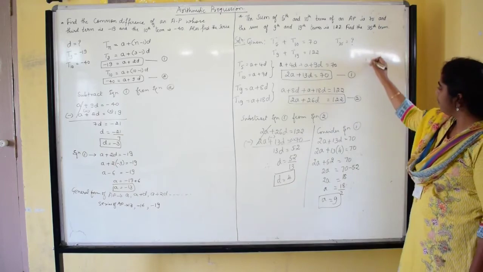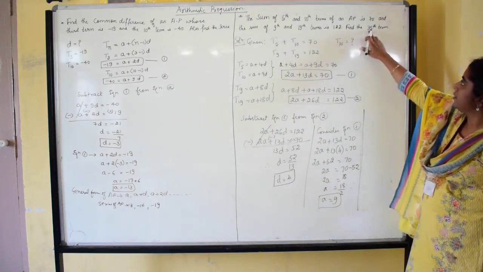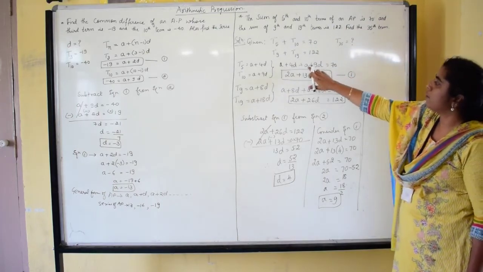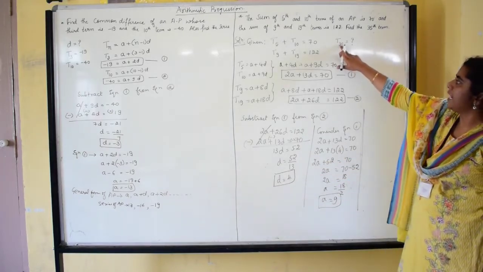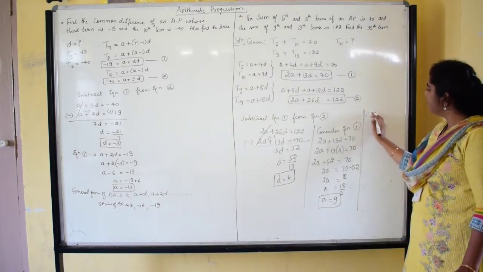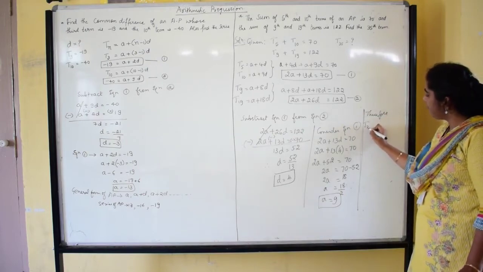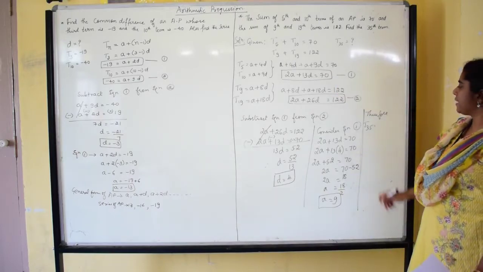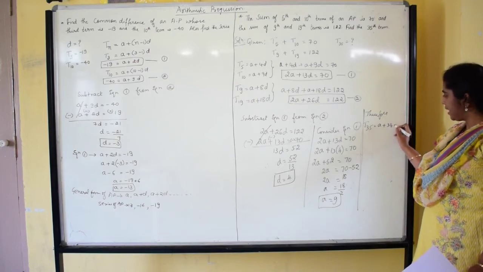So finally, what have they asked in the problem? We have to find the 35th term. Now we got the values. We know the common difference is 4, the first term is 9, and n is equal to 35. So finally, T35 is equal to, as per the formula, the nth term Tn is equal to a plus (n minus 1)d, which becomes a plus 34d.